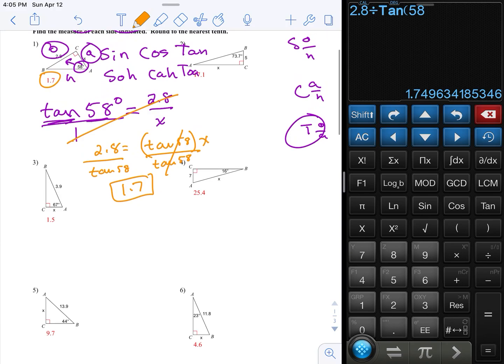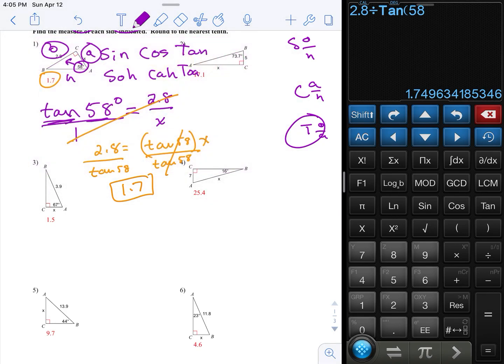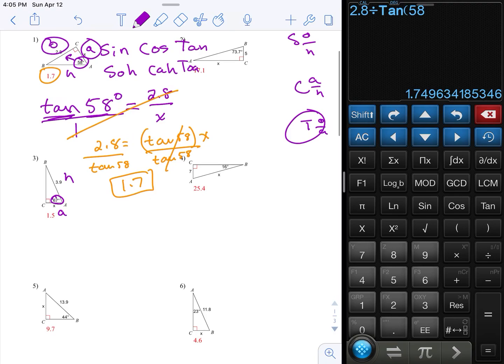Let's do number 3. From 67, x is the adjacent, and 3.9 is the hypotenuse. This is why I made such a big deal of the last couple lessons about sine, cosine, tangent. So cosine, because that's A and H. Cosine 67 equals x over 3.9.